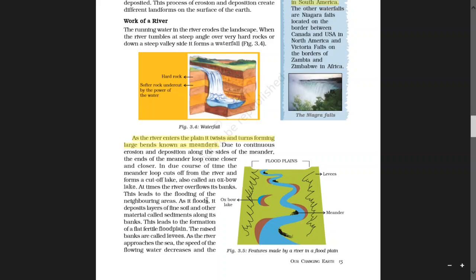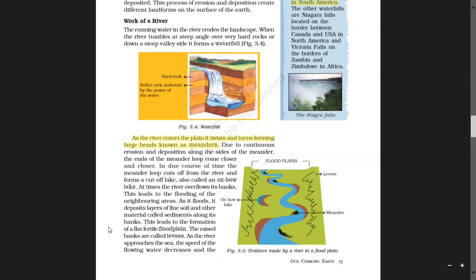As it floods, it deposits layers of fine soil and other material called sediments along its banks, along the sides of the river.